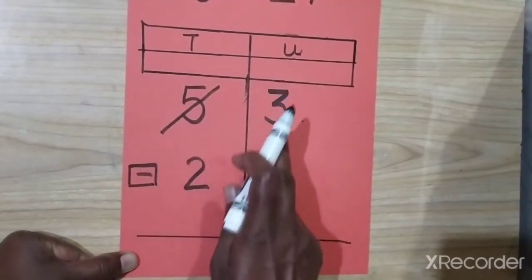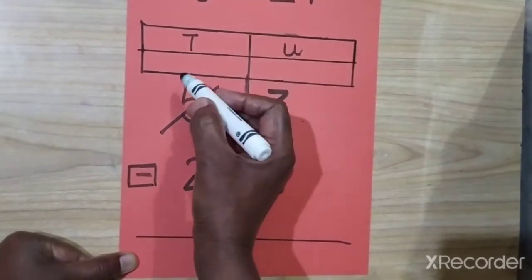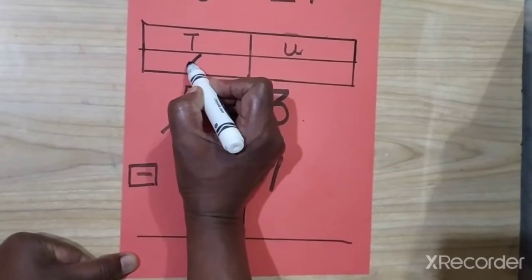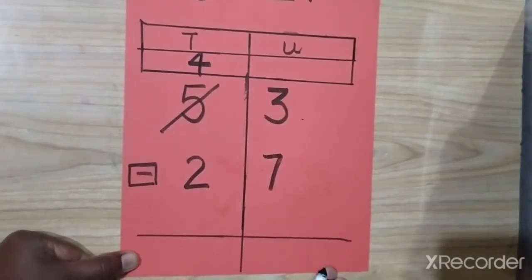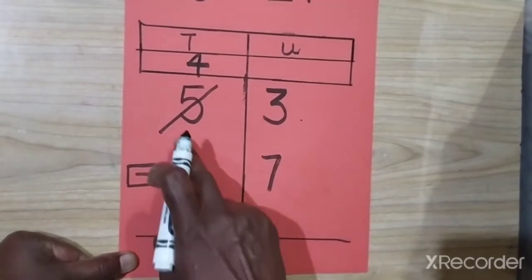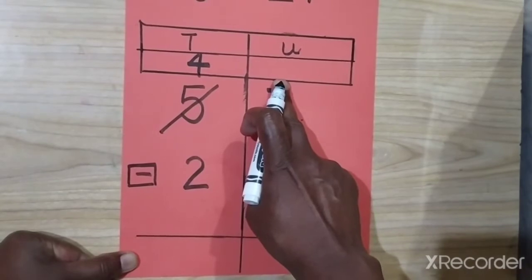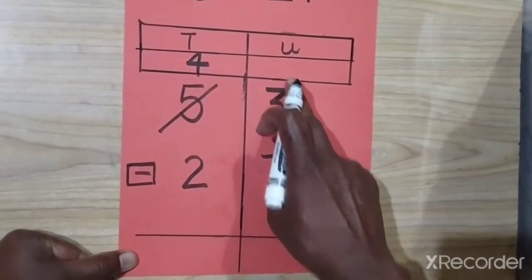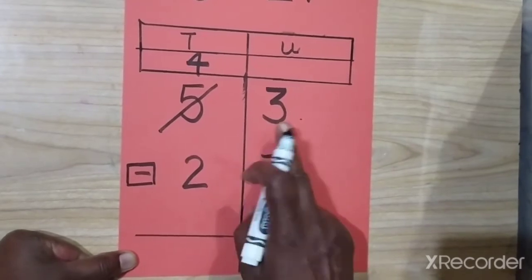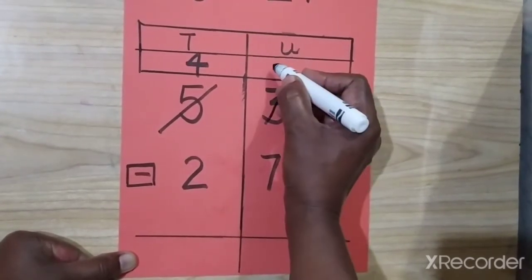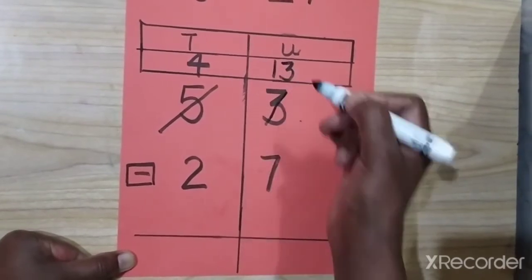So when 10 is going, the tens place is left with less. So 5 will become 4. It will become 1 less. Yes or no? Right. And here 10 has gone to the units place. So 10 and this 3 which is already here, 10 and 3 will become 13.